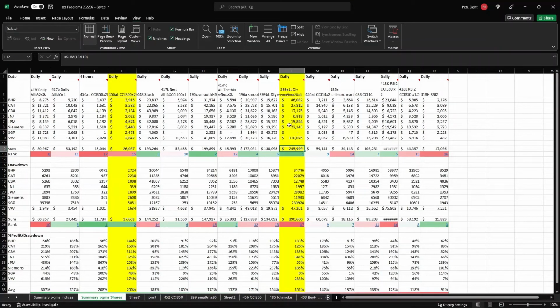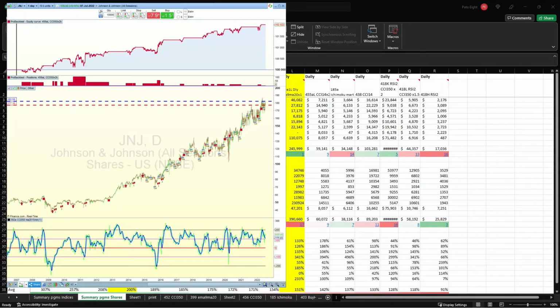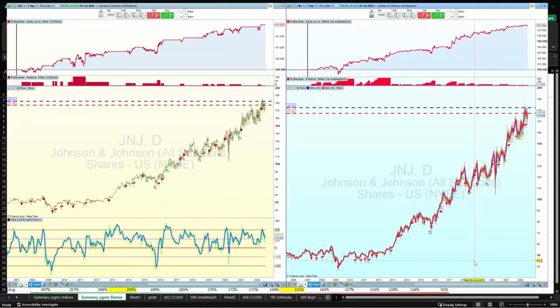This one brought in overall 245 versus 26,000 in terms of profitability, but this one is exposed to only 17,000 drawdown. This one exposed to 390,000 drawdown. So basically what I'm trying to say is the more times you expose and go into the market in terms of averaging down, the higher the exposure.